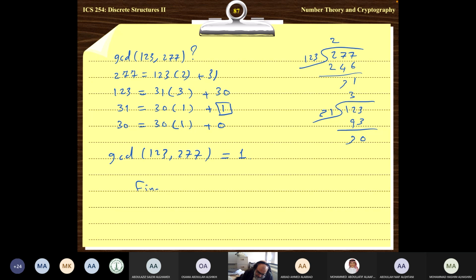Find the GCD of 143 and 221 using the Euclidean algorithm. Now, I would have broken you up into rooms, but you will not see this slide. So go ahead.